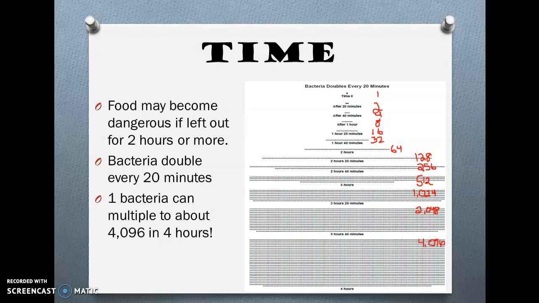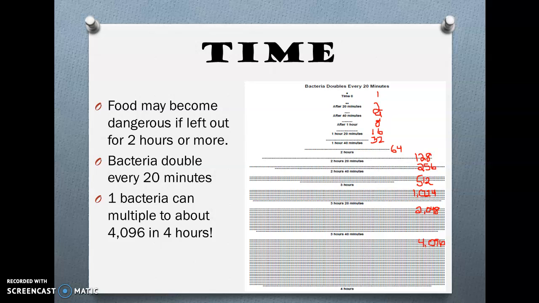Food may become dangerous if it's left out for 2 hours or more. You guys learned about what happens if we leave our food out for too long and it hits that danger zone. We know that during this time that food is left out, bacteria doubles every 20 minutes.